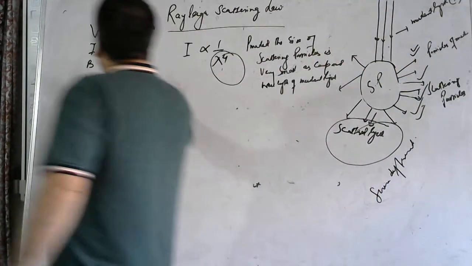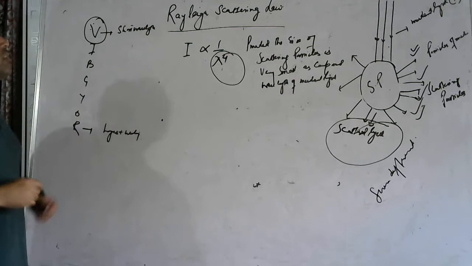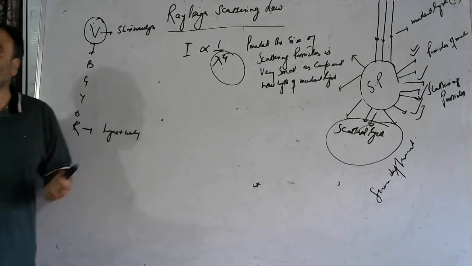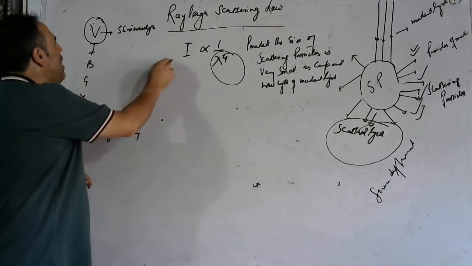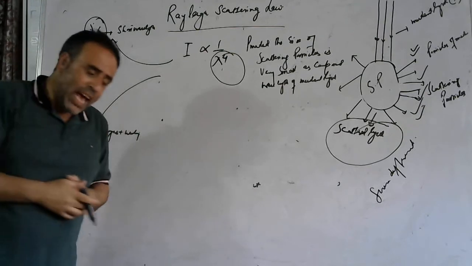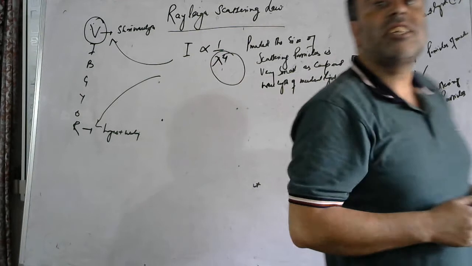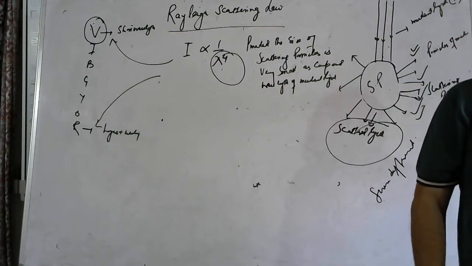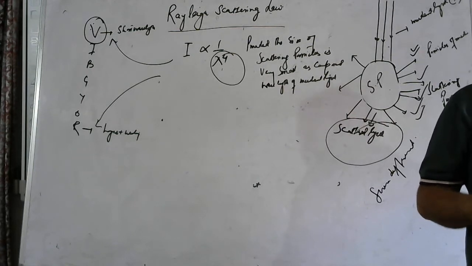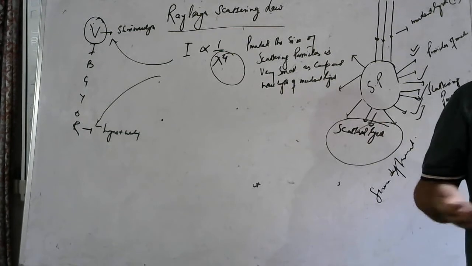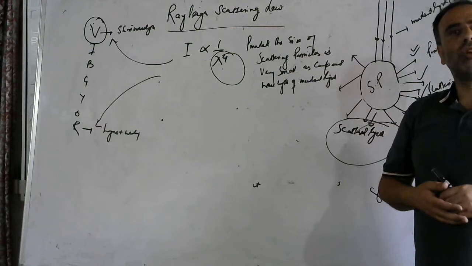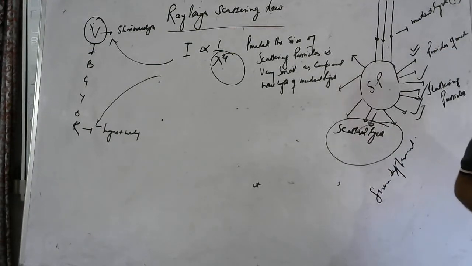Since violet color has a shorter wavelength as compared to red color, the scattering intensity of violet color will be more as compared to that of red color. Therefore, red color scatters least due to its long wavelength, whereas violet color scatters most due to its short wavelength.